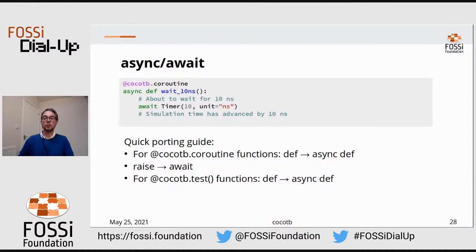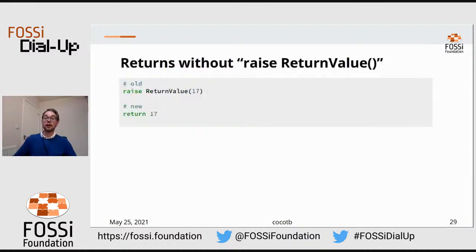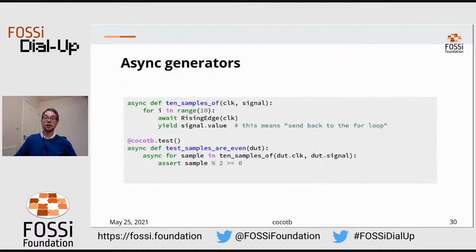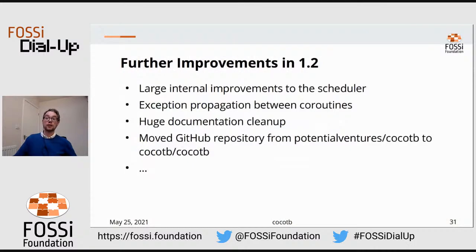So things that were seen as rather obscure and weird when Cocotb started are now much more common. Some things that were enabled is just making syntax easier and cleaner.